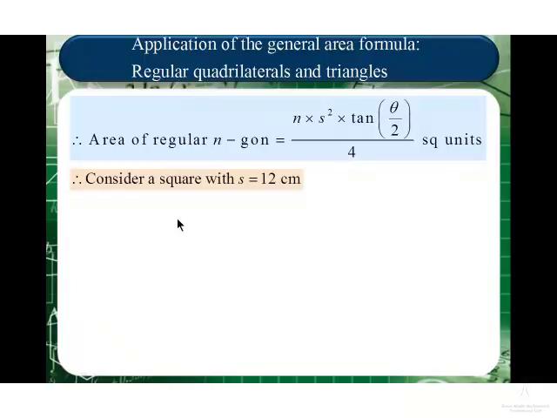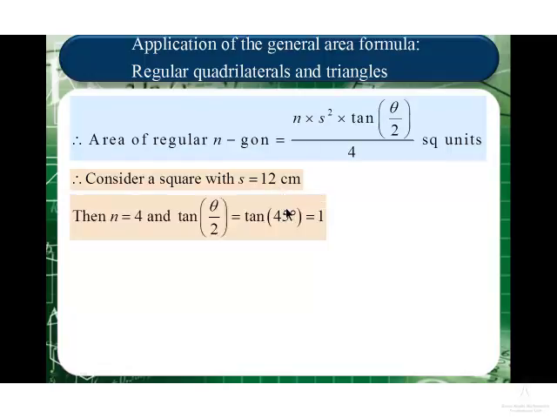Let's see how we apply this in the case where we consider a square with side length S equal to 12 centimeters. Now we all know that the area of a square will in this case be just 12 squared, which is 144 square centimeters. Let's have a look and see if this formula gives us the same answer.